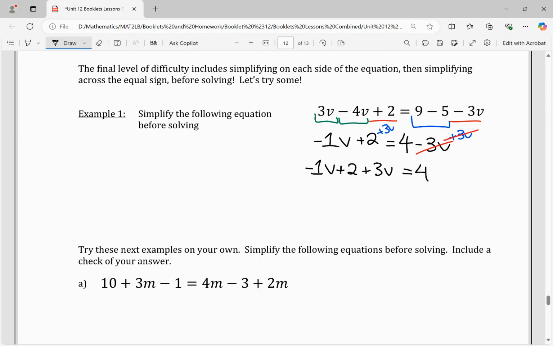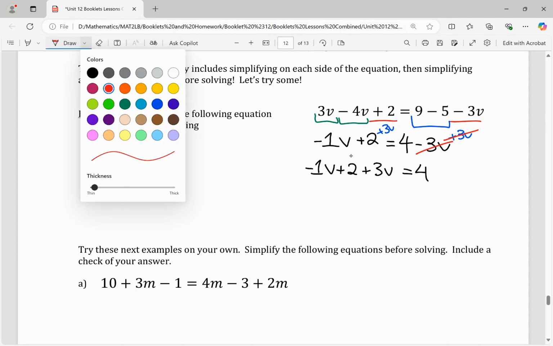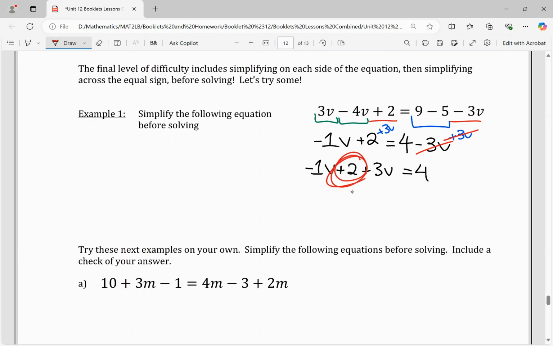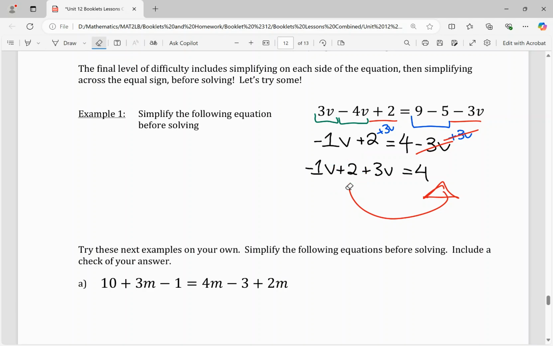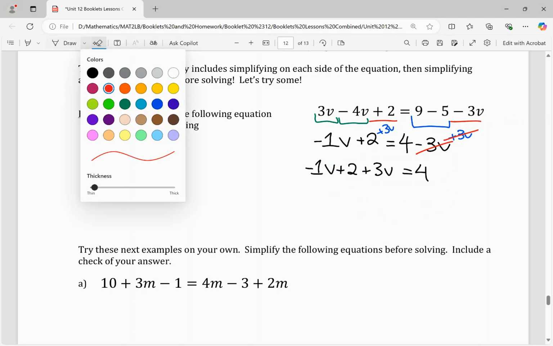Good. So it's great that I have brought the 3v to the left-hand side, but I have a term here on the left, 2, which doesn't have a variable. And I need to bring that over to the right-hand side. So what I'm going to do is, again, opposite operations.